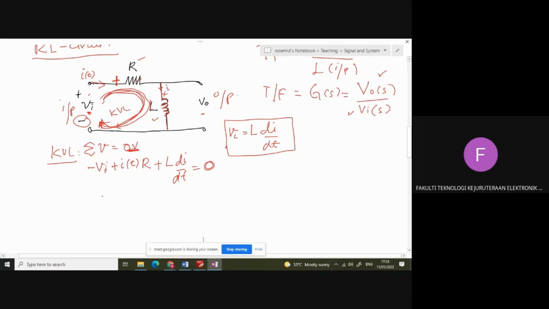Now we rearrange it. Next is our Vout. We want Vout and Vin.